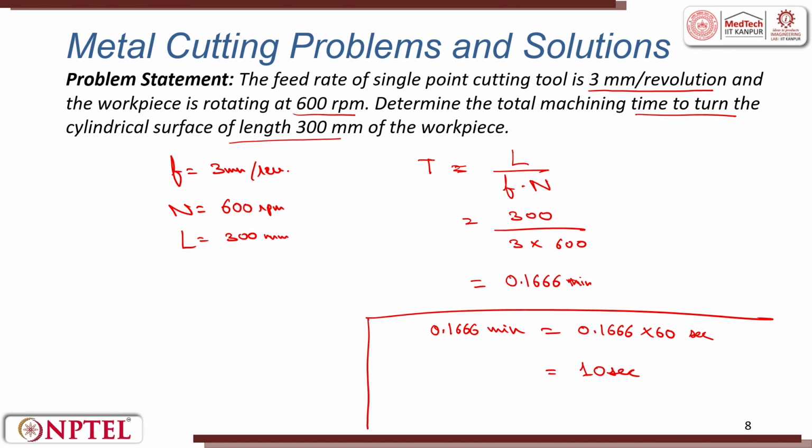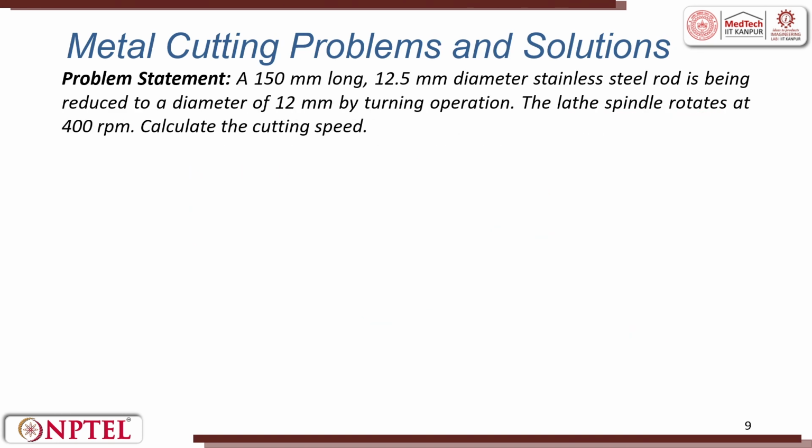Similarly, there is another problem in the same direction. A 150 millimeter long and 12.5 millimeter diameter stainless steel rod is being reduced to a diameter of 12 millimeter by a turning operation. The initial dia and the final dia are given. Initial dia here is 12.5 millimeters.